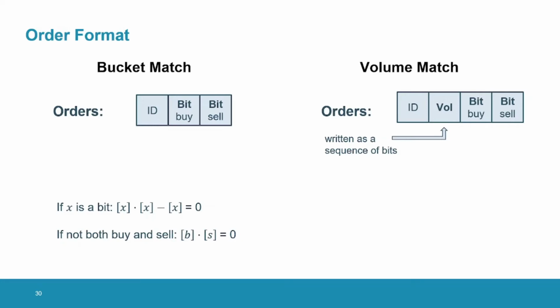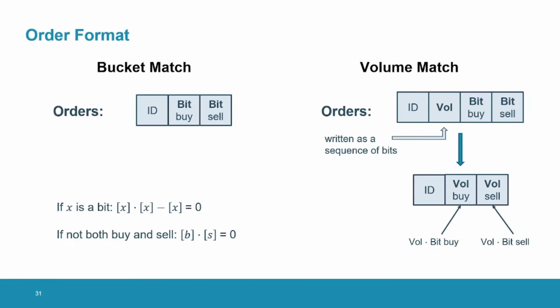So in fact, we have an input correctness check for both the bucket match and the volume match, but since the volume match has this volume information that is written as a sequence of bits, the check will be a bit longer and more expensive.